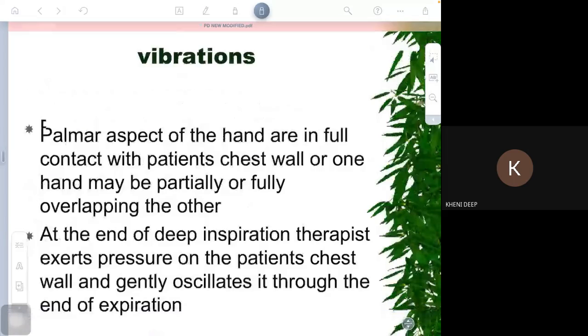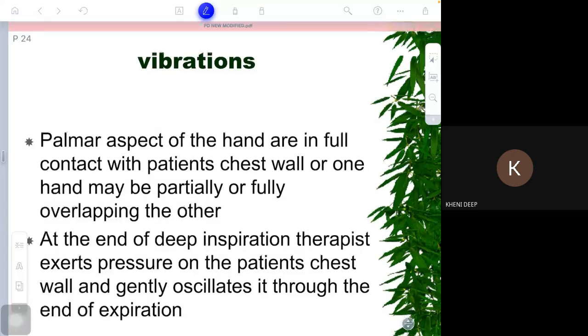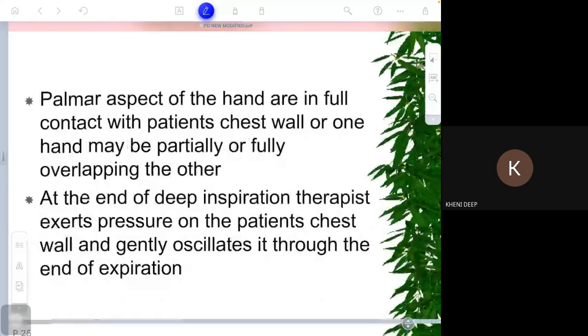So first, what is vibration? Last class, madam taught you practically how to perform vibrations. The palmar aspect of the hand is in full contact with the patient. You have to place the whole of the palm on the chest wall, and one hand may be partially or fully overlapping the other.